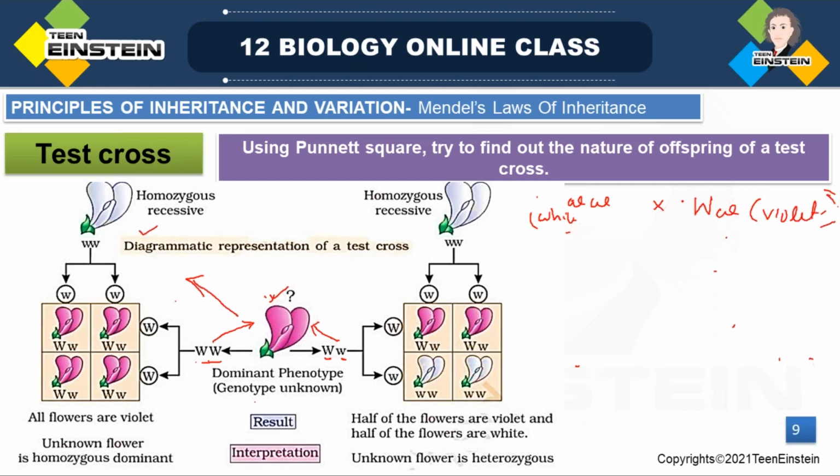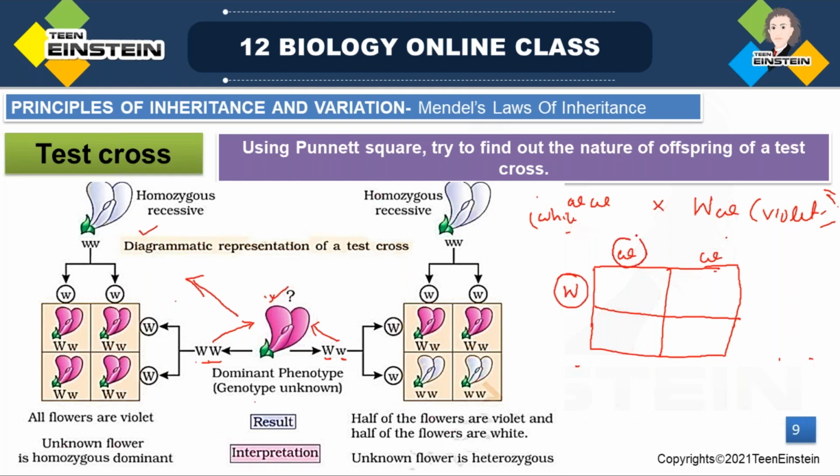We want to know the genotype of this, whether it is homozygous dominant or heterozygous dominant. So we are taking the second combination. In this also, the recessive parent will produce the same gametes, and here there is a difference, right?